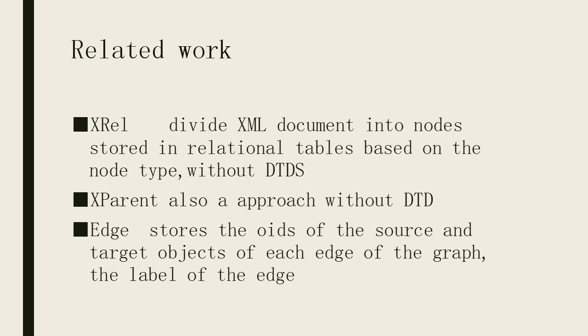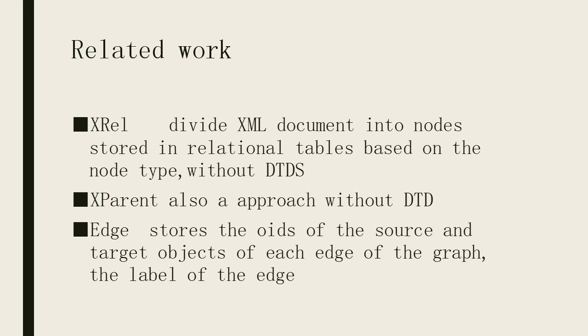And Zhang developed a method called XParent. It's also a model mapping-based approach without DTD, and it can develop an XML application that supports multiple XML query languages and mapping schemes. And the last one we will talk about is Edge.